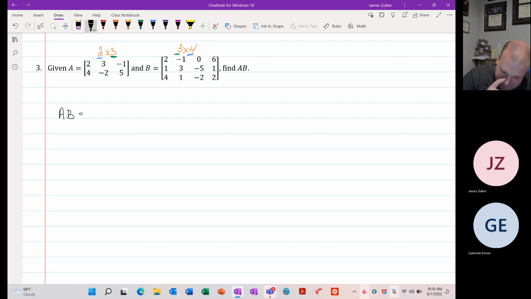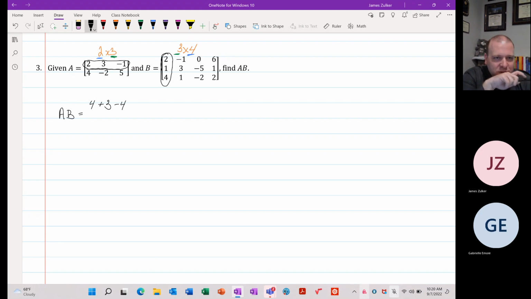So if we look at the 1, 1 entry, what we want to do is take the first row of A, right, and the first column of B. We do 2 times 2 is 4, plus 3 times 1 is 3, right, and then plus -1 times 4, -4, right? And we do that for each entry.